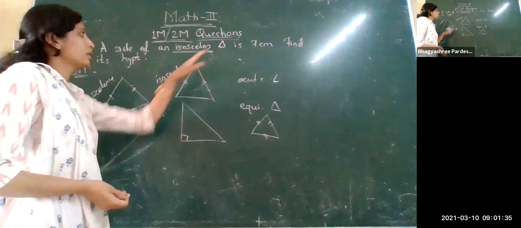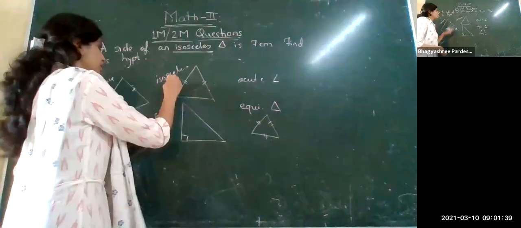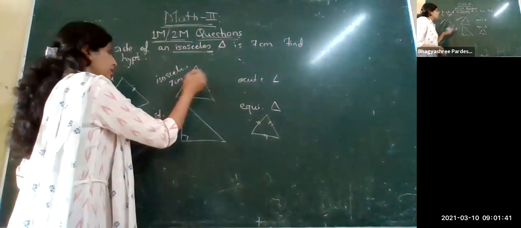Now, since it is an isosceles triangle, the two sides are equal. That is, this is also 7 centimeters, and this is the hypotenuse.